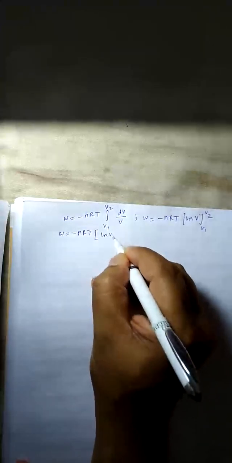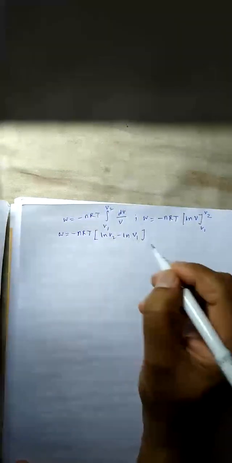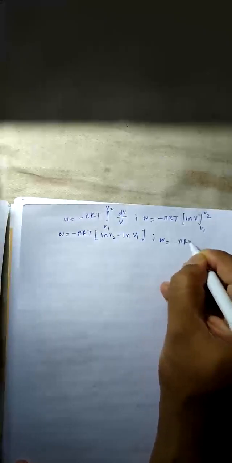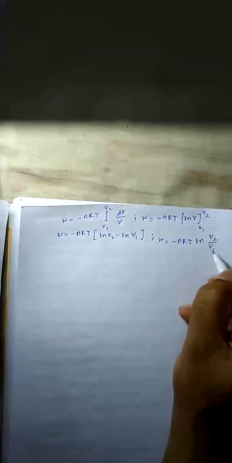So W is equal to minus nRT ln V, with limits V1 to V2, first upper limit, then lower limit. So W is equal to minus nRT bracket ln V2 minus ln V1. Then ln x minus ln y is equal to ln x by y. So W is equal to minus nRT ln V2 by V1, final volume by initial volume.